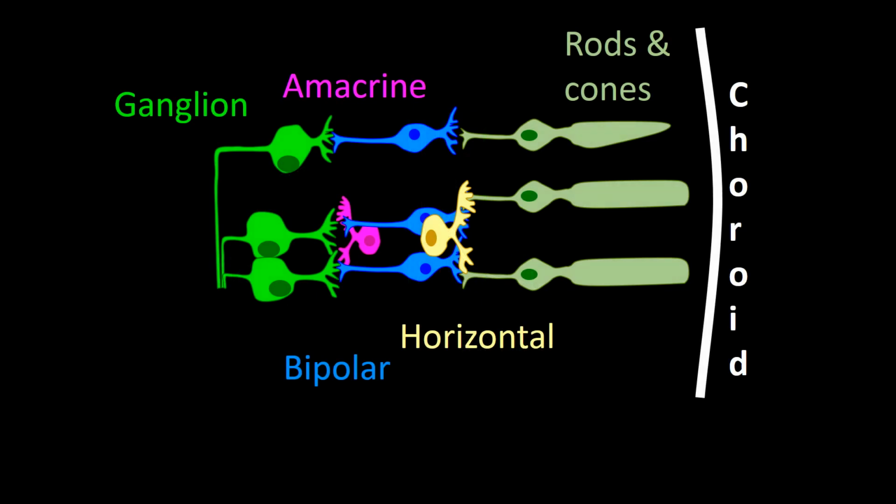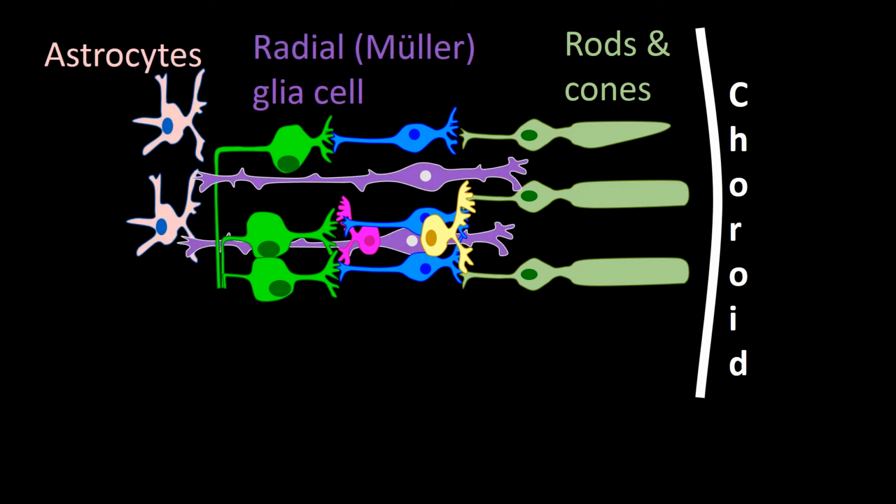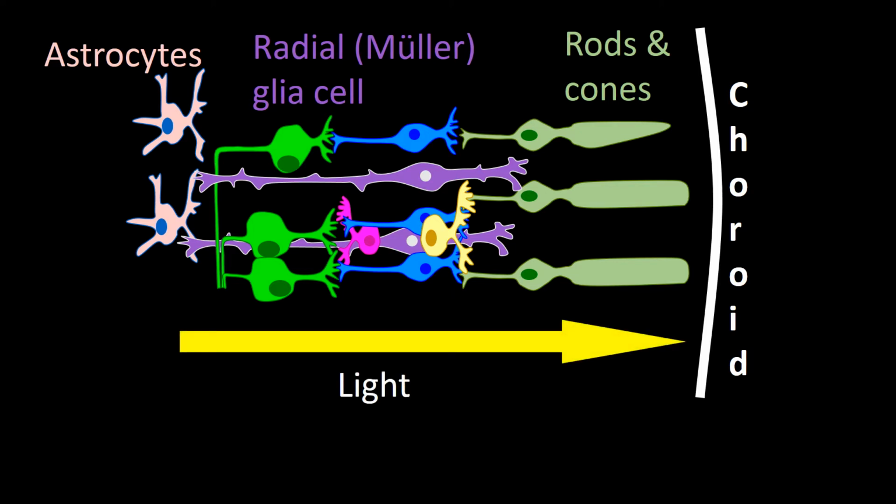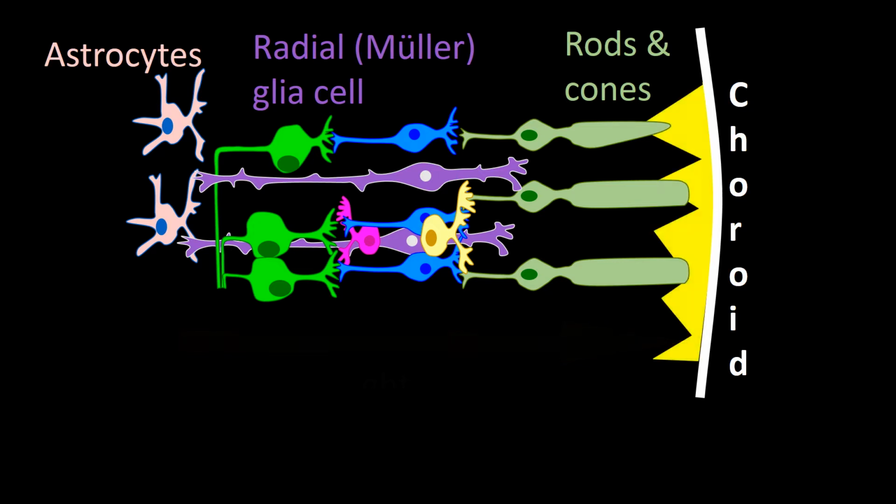In this frame, I am representing the main cellular components of the retina. Now I have added the radial glial cells and astrocytes. When light penetrates the retina and hits the choroid, it triggers a chemical reaction that is followed by an electrical discharge.